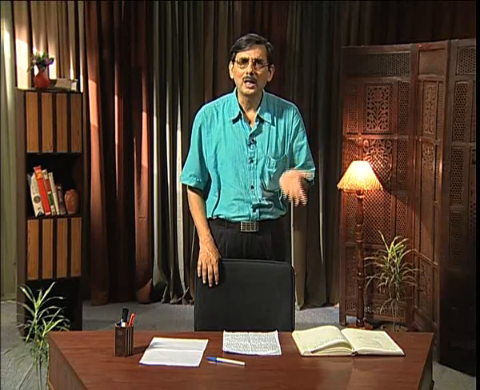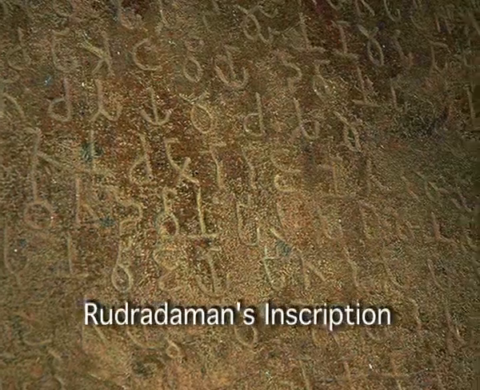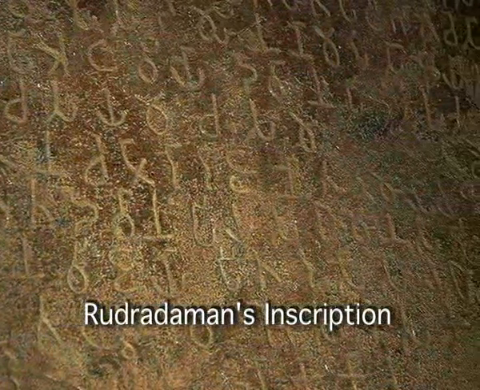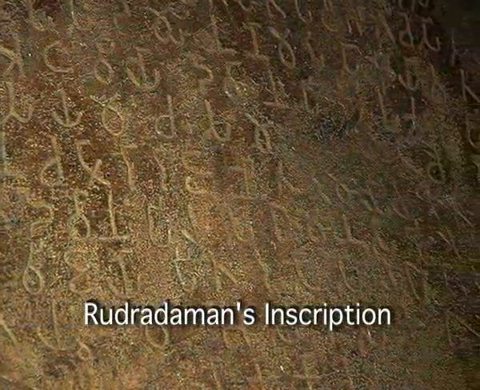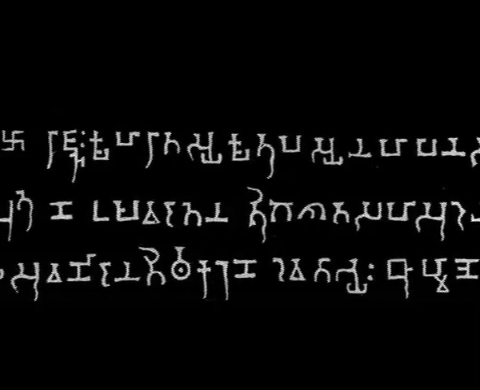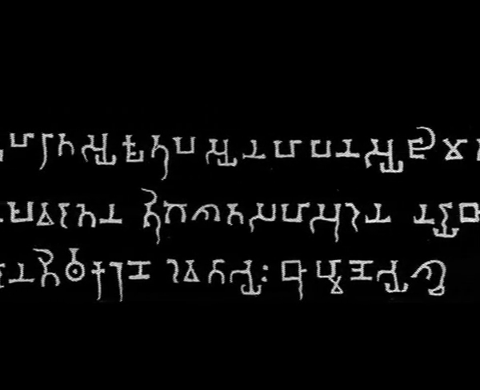Thus, we find at Junagadh, Rudradaman's governor in the Junagadh area was an Amatya. Similarly, such Amatyas figure repeatedly in inscriptions of the Satavahana rulers and their successors.